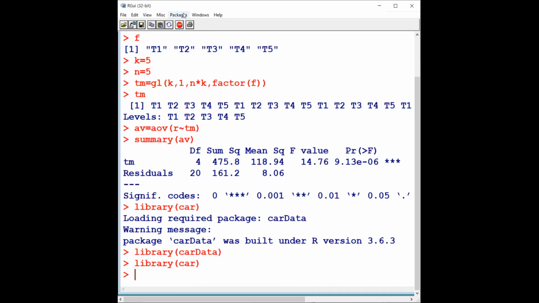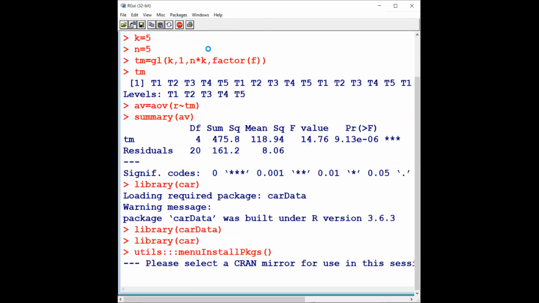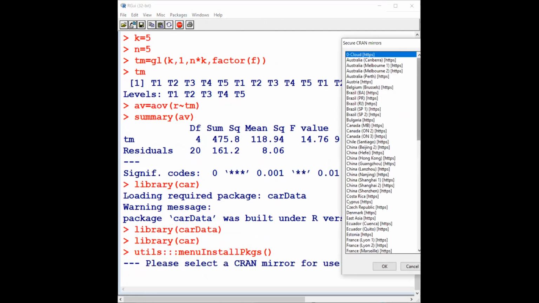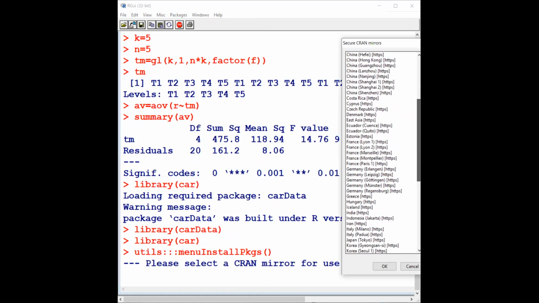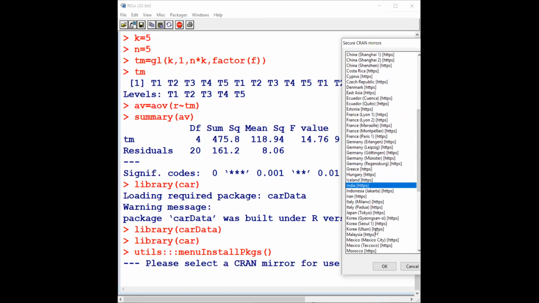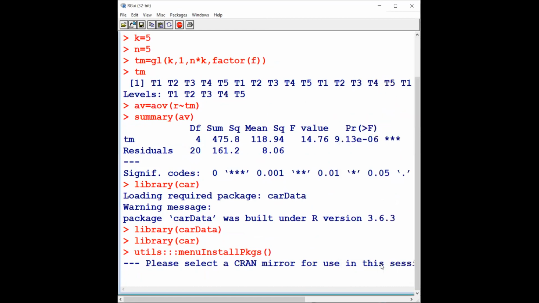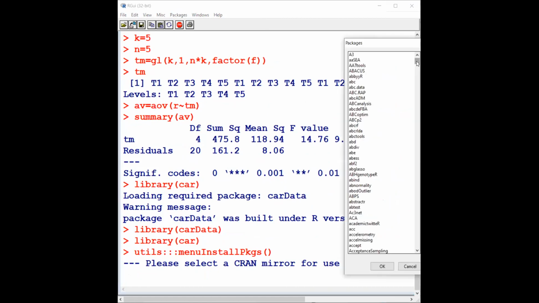And also I'm going to install another new package that is FIA. So I'm going to select that package. I'm going to select India from this, which is the closest country for us. Sri Lanka is not in the given list. And then I'm going to select this package.